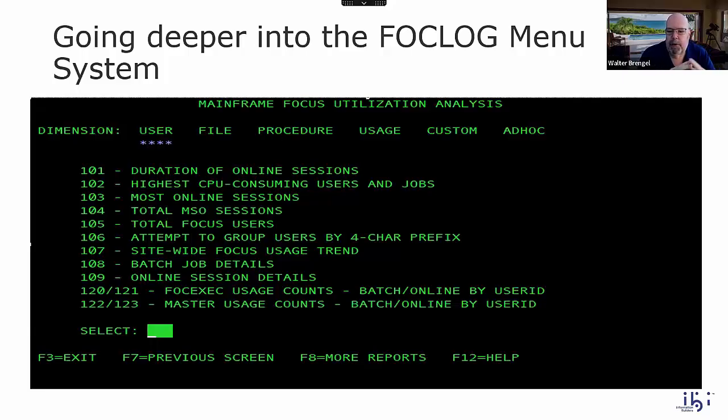So the menus are broken out into six different menu items across the top. We've got user information, file information, procedure information, usage, custom, so you can create your own custom reports and then assign them to a number that you can run through the menu system. And then ad hoc will basically just take you to a FOCUS prompt, and then you can type your own queries at that.